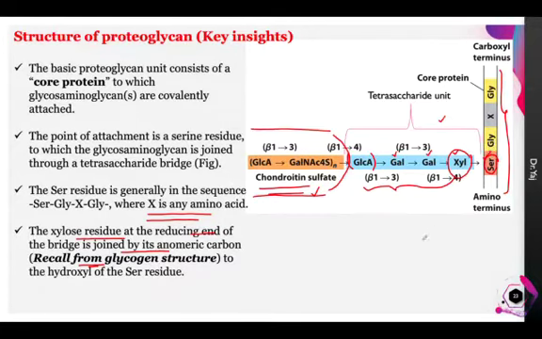So this is one of the specific structural insights of a proteoglycan, where the proteoglycan is bound by a tetrasaccharide unit to the core protein, and the sequence at the site of binding is serine, glycine, X, and glycine, where X can be any amino acid.